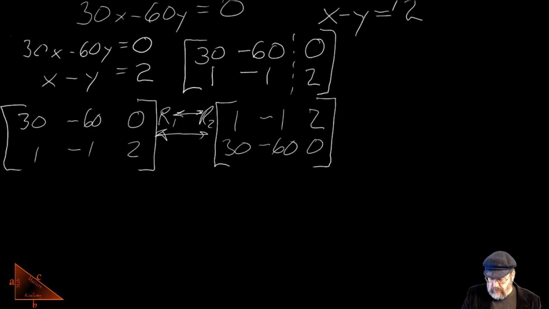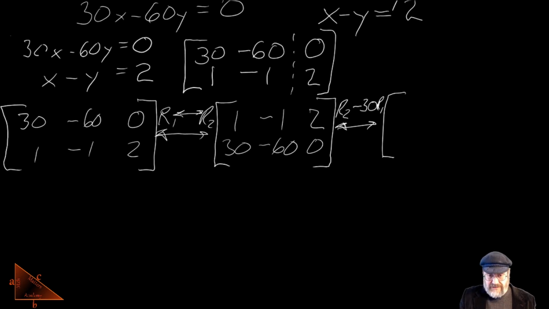One of the other rules that we were allowed to do with matrices is we can multiply a row. We can also add or subtract a row. That's actually 2 rules. We're going to put them together. So now we're going to take row 2, and we are going to subtract 30 times row 1.